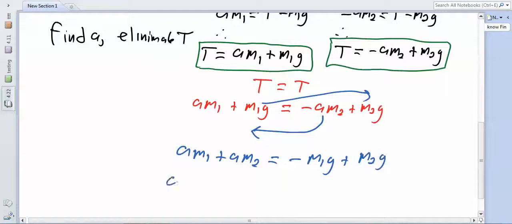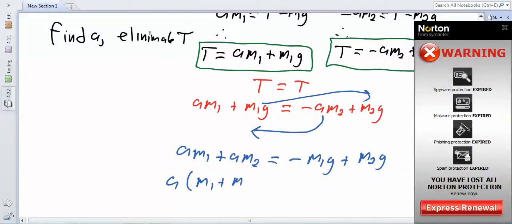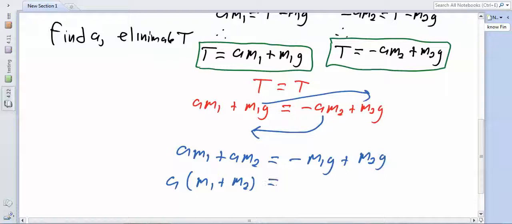And now if I make some brackets, factor out an A on the left, and on the right, I factor out a G and get M2 minus M1.